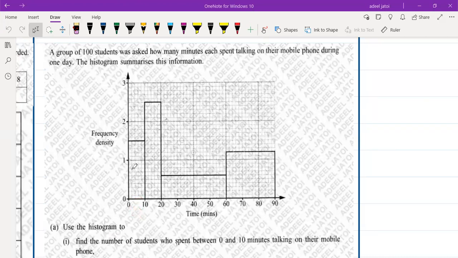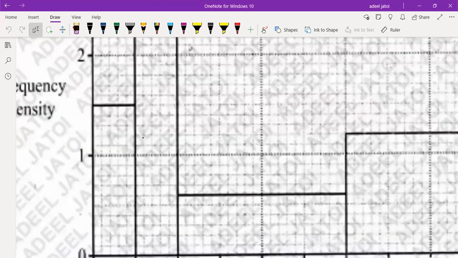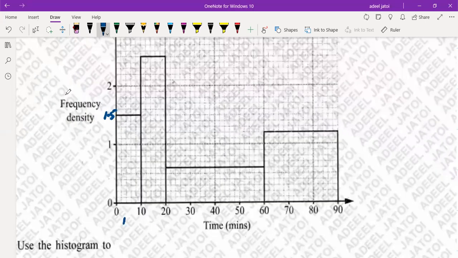And the frequency density goes up to 1.1, 1.2, 1.3, 1.4, 1.5. So the frequency density is 1.5 here, whereas your class width from 0 to 10 is 10.